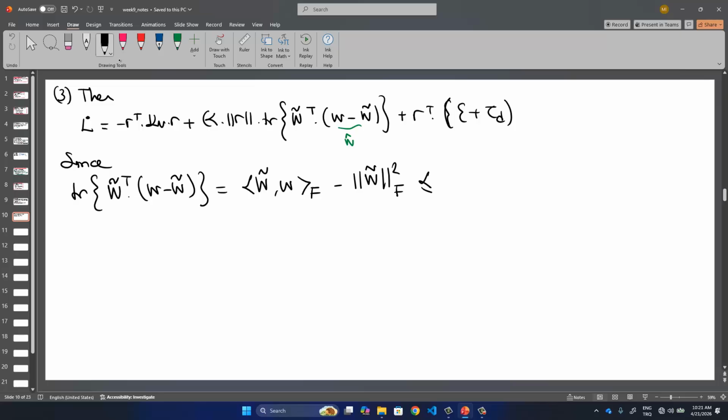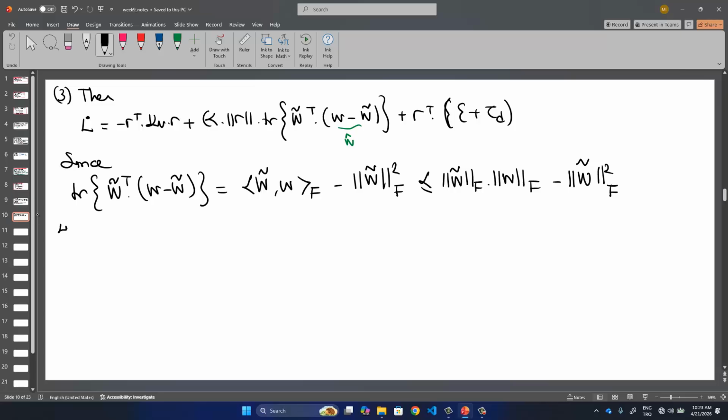And also this must be bounded with these terms: the Frobenius norm of W tilde times the Frobenius norm of W, minus W tilde squared Frobenius norm. Okay, let's check it right now, first of all.